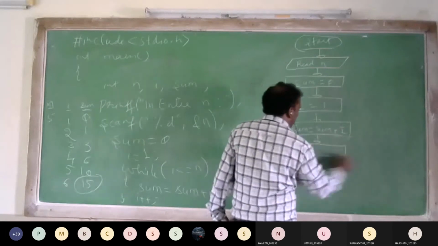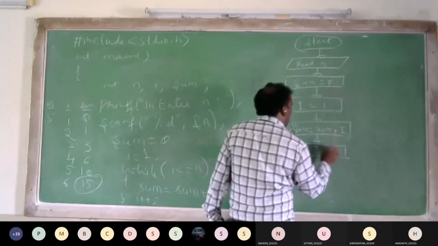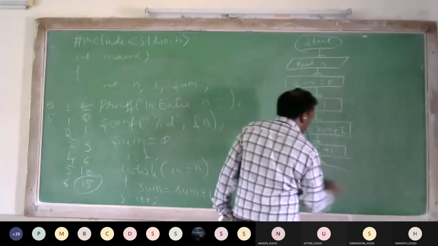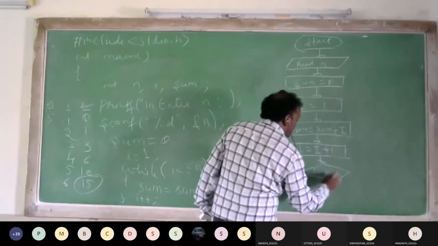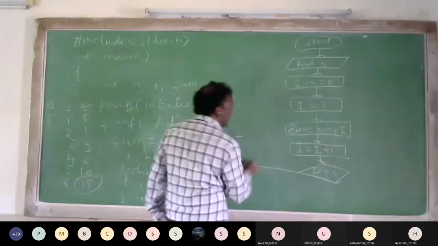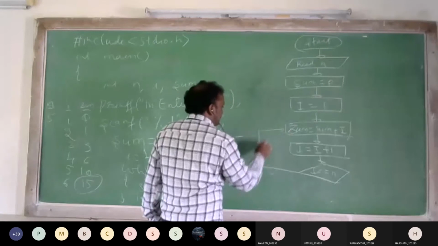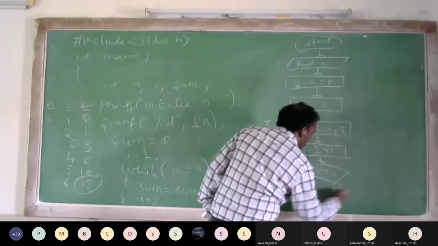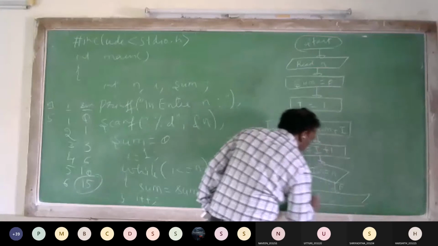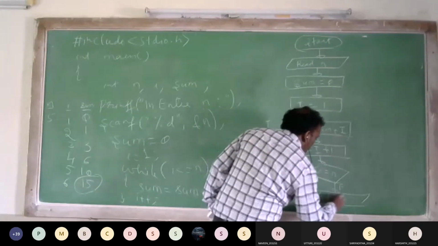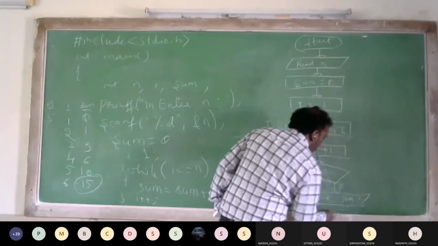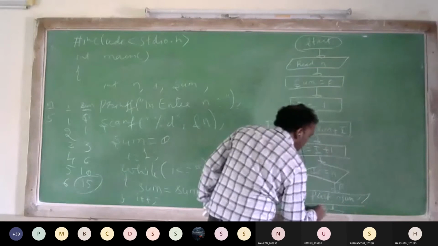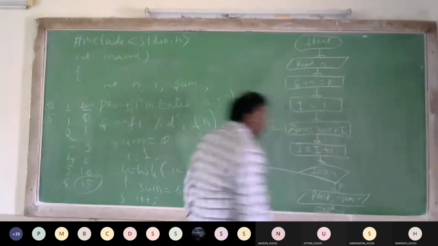Then I have incremented the value i is equal to i plus 1. Then I have tested the condition i less than or equal to n. If it is true, then you execute this set of statements. If it is false, then I have written print sum. The last statement will always be stop.